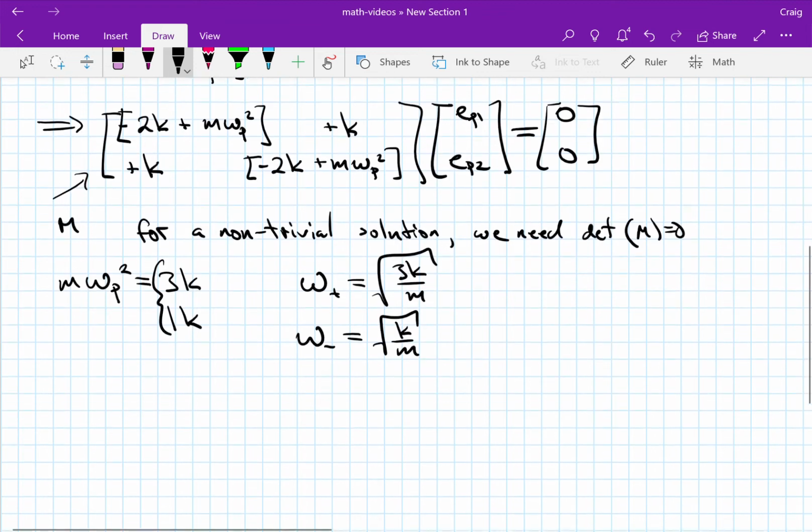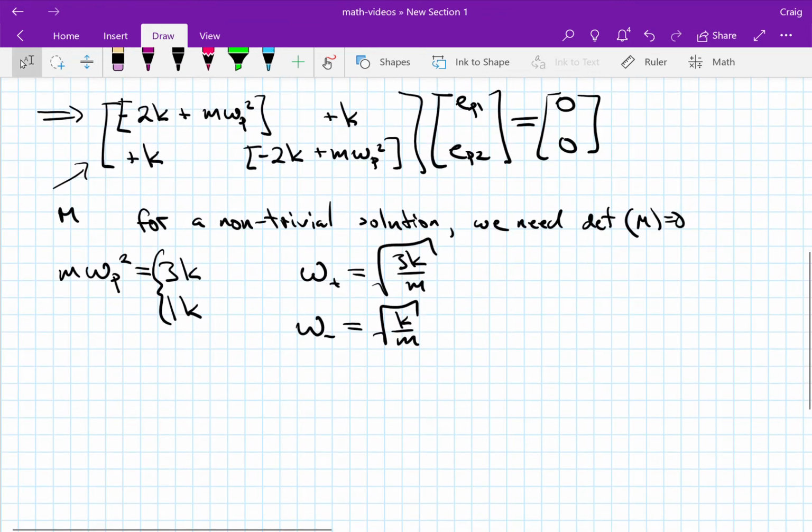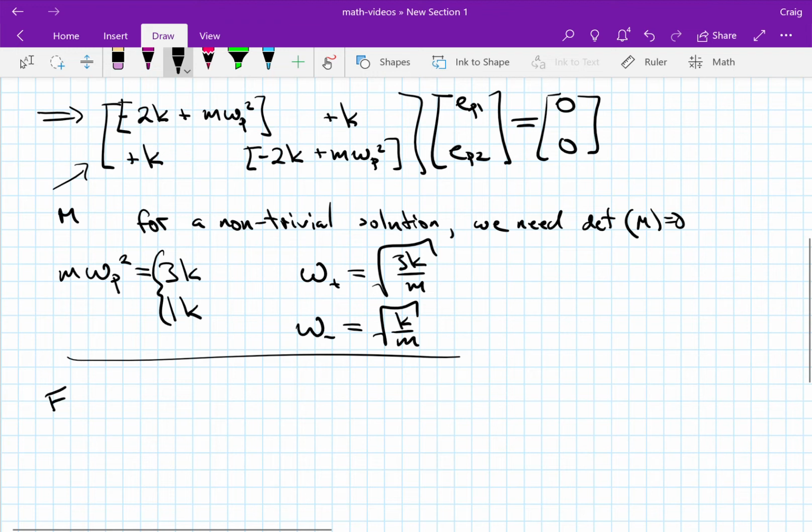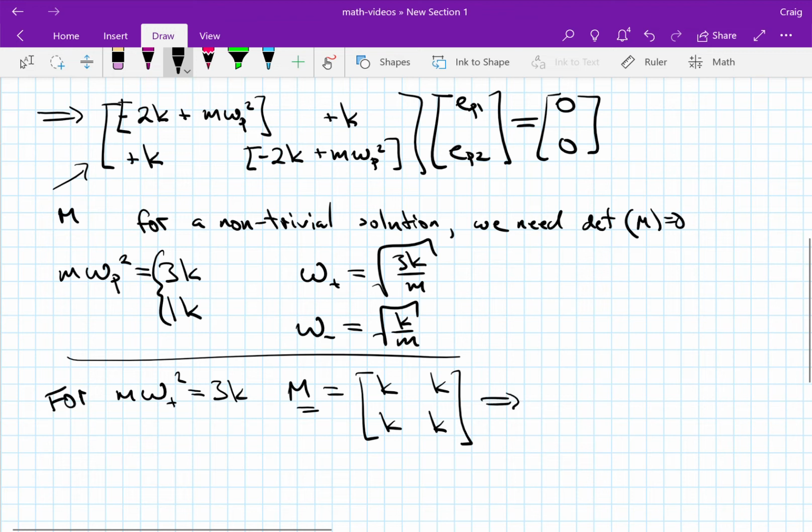So let's go back, and we'll plug in for the plus case, m omega plus squared is equal to 3k. My M matrix becomes k, k, k, k. So that means that EP1, EP2, well, let me write it this way.